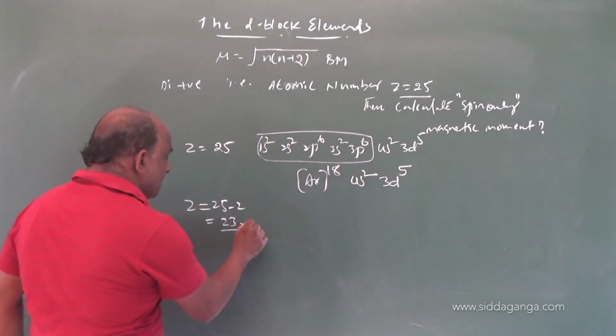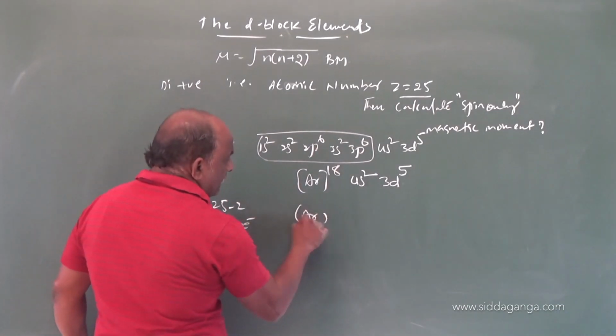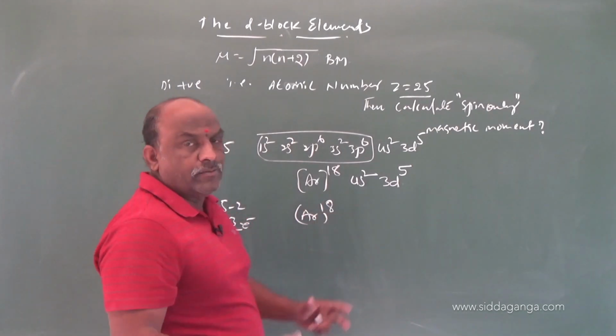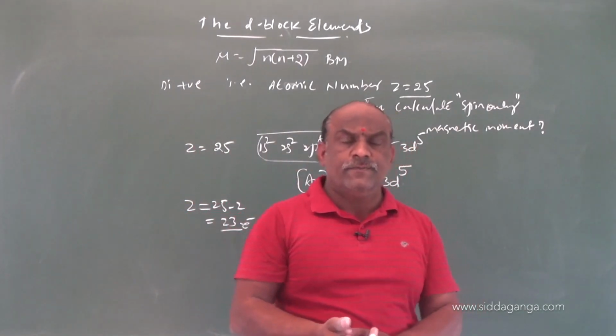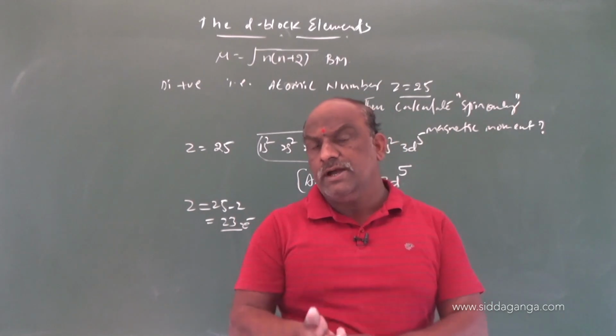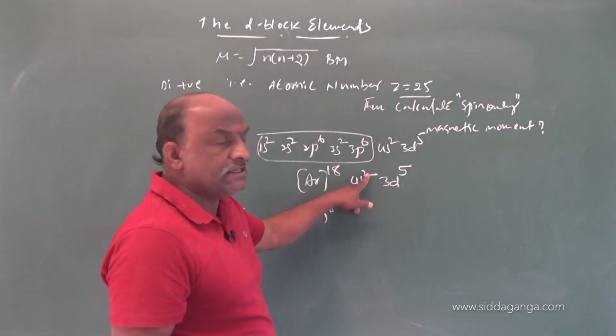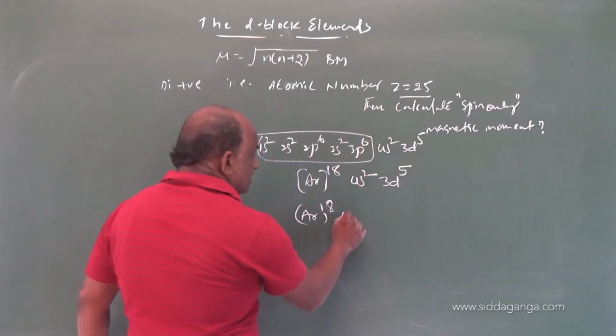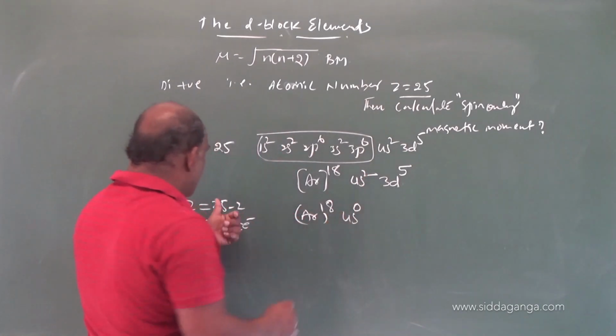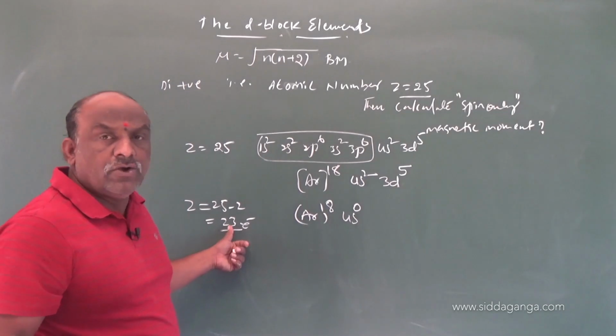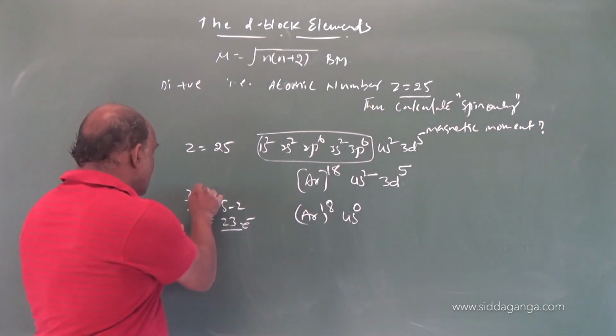How many electrons do we have? 23 electrons. We should write argon 18. First removal takes place from the s orbital, this point is very important. How many electrons are there in the s orbital in this example? 2 electrons. So we write 4s0 because we remove 2 electrons.